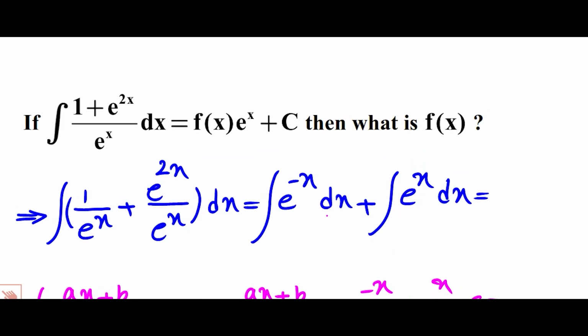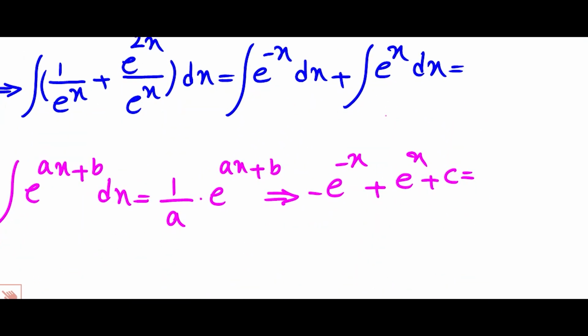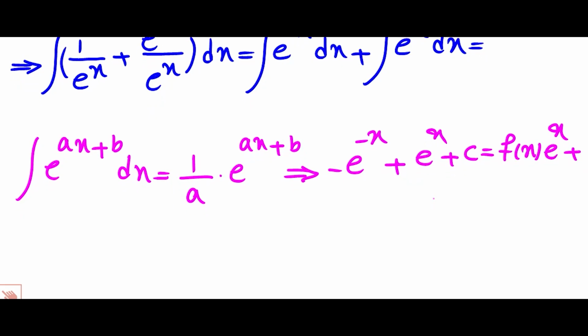equals f of x times e to the x plus c, equals f of x e to the x plus c, right? So we have negative e to the negative x plus e to the x equals f of x times e to the x.